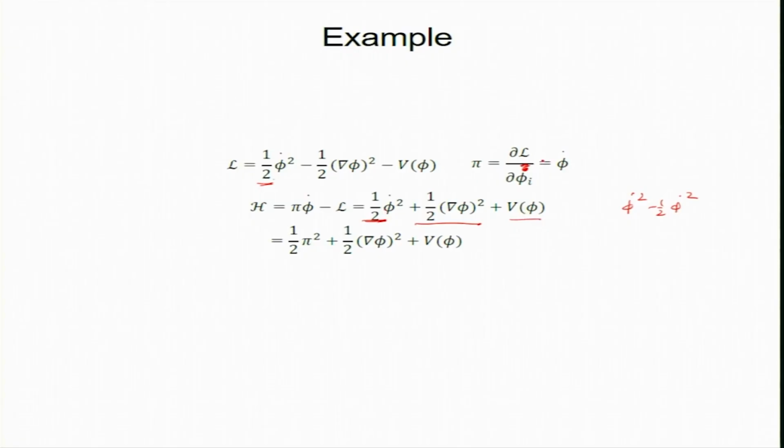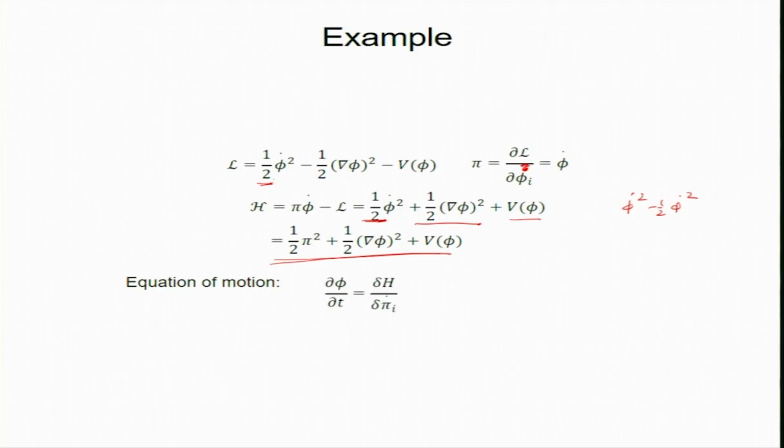Now phi dot is nothing but pi. So this is my Hamiltonian density. It should be a function of pi, phi and grad phi, but not phi dot. Do not write phi dot for the Hamiltonian, the way for particles we do not write x dot in the Hamiltonian, we write only momentum.